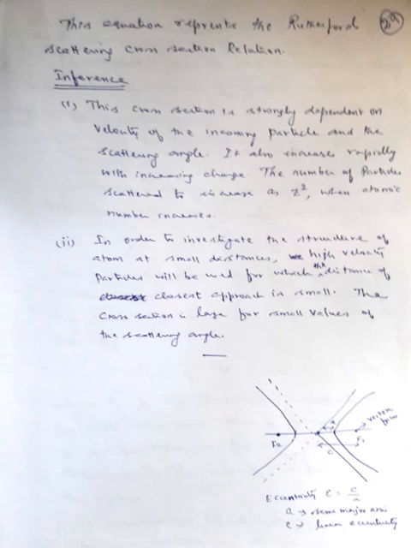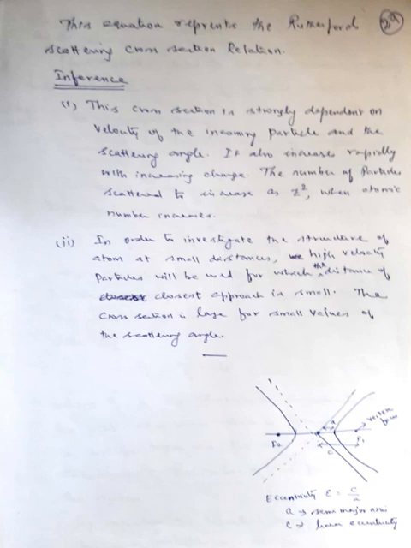Also, this cross-sectional area increases rapidly with increasing charge, since it is a multiplication of Z dash E square. Therefore, as the charge increases, the cross-sectional area also increases, as it is directly proportional. Similarly, Z is nothing but the atomic number. Therefore, as the atomic number increases, this scattering cross section also increases. So this is the first point.